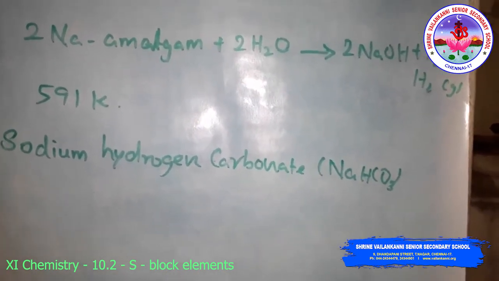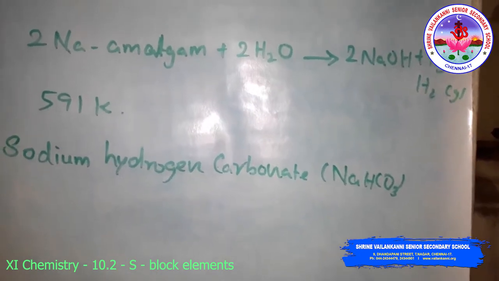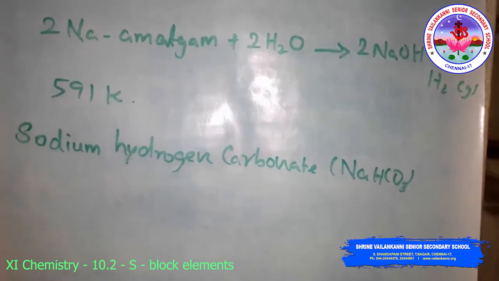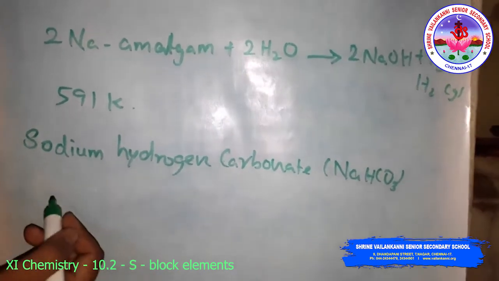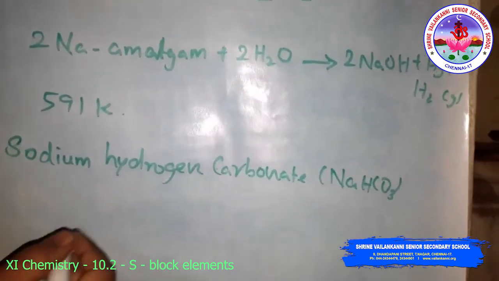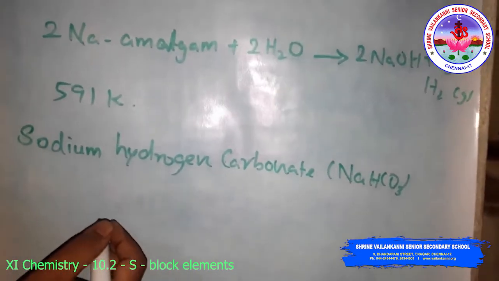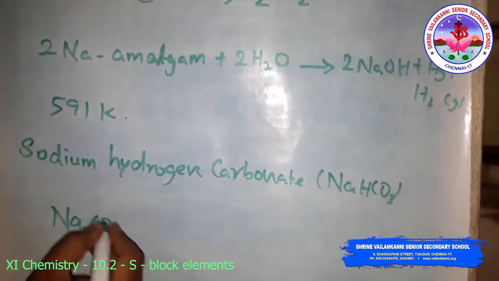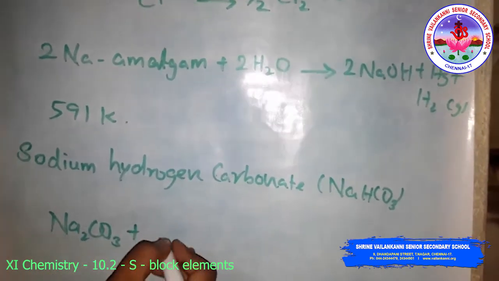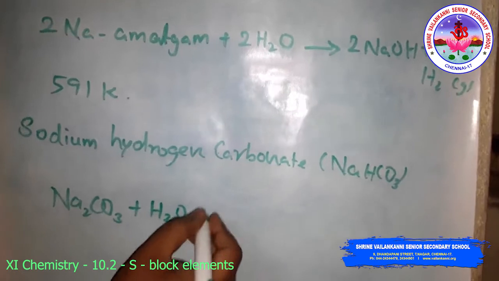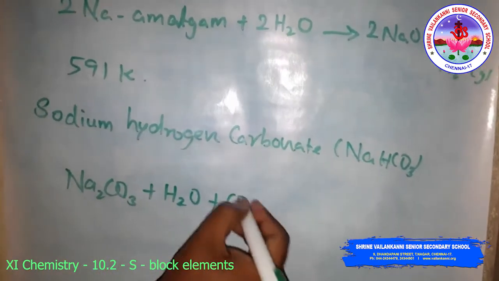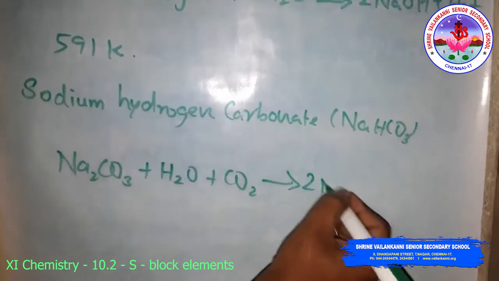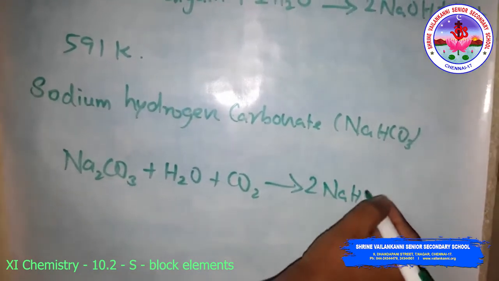Sodium hydrogen carbonate is made by saturating a solution of sodium carbonate with carbon dioxide. The white crystalline powder of sodium hydrogen carbonate appears, that is, the less soluble one gets separated. Aqueous sodium carbonate reacts with carbon dioxide to form sodium hydrogen carbonate.